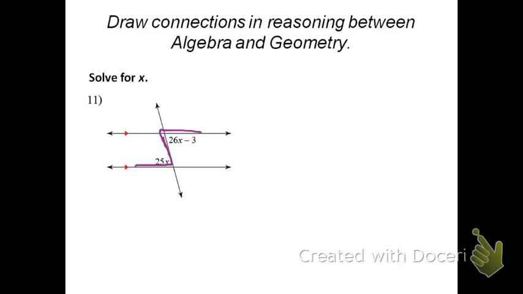So these are congruent. So we can actually create our equation. If we take, let's say, 26x minus 3 equals 25x. Or maybe some of you wrote that backwards. If you did, that's okay.